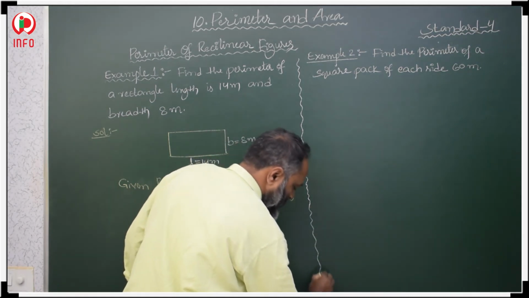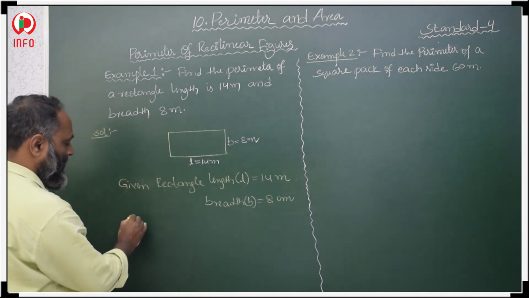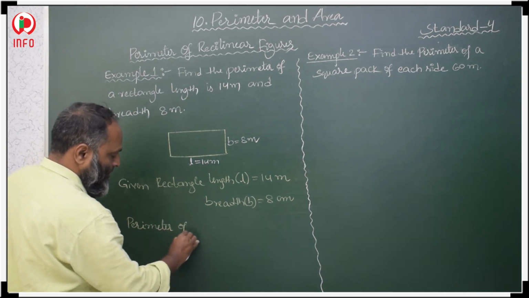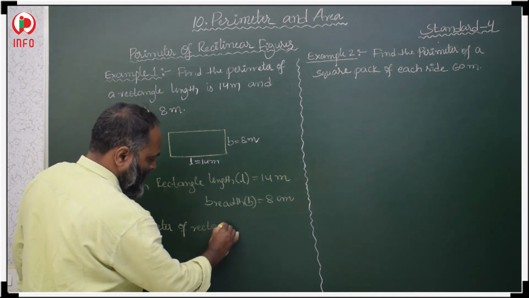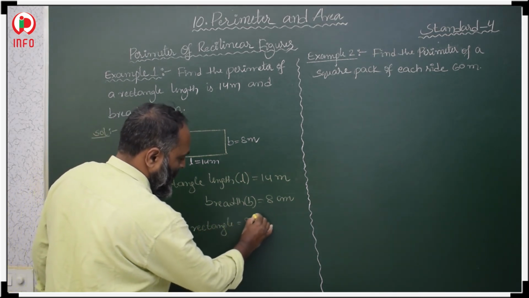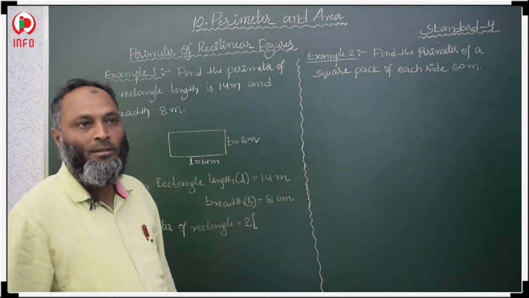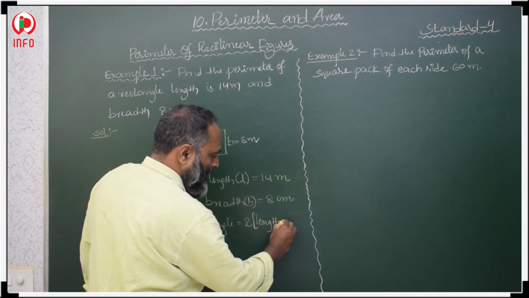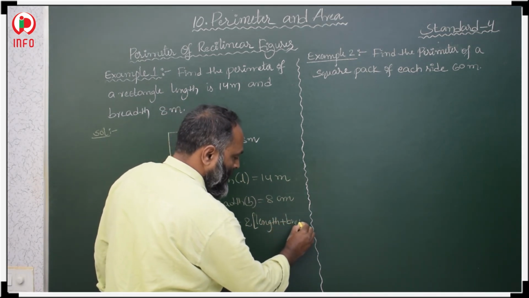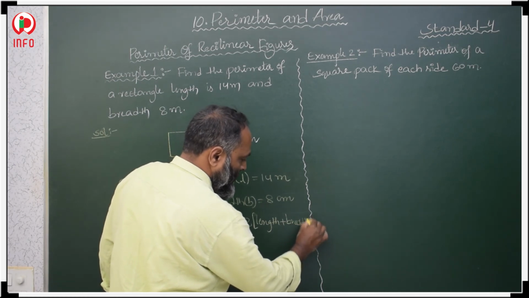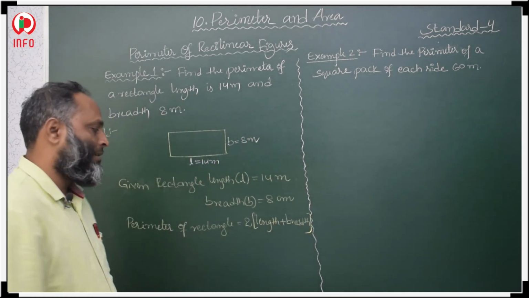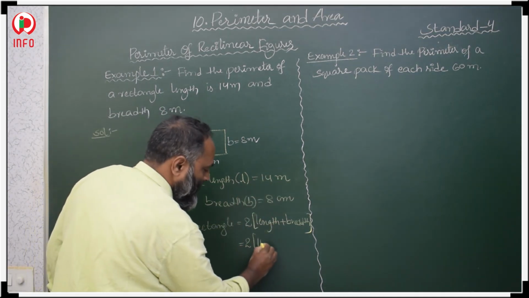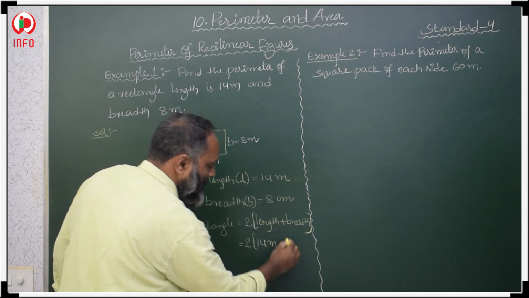The perimeter of a rectangle is 2 times length plus breadth. What is the length here? Length is 14 meters and breadth is 8 meters.